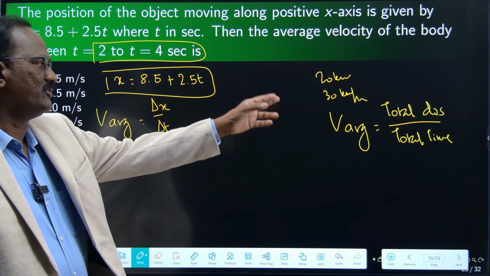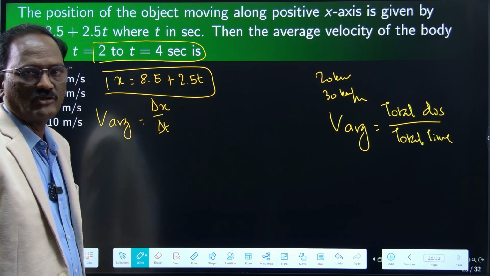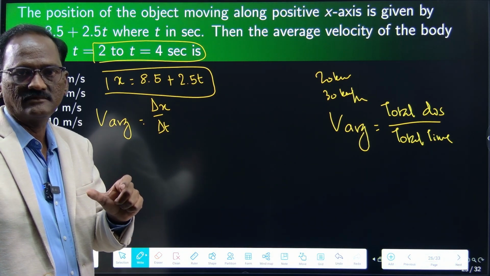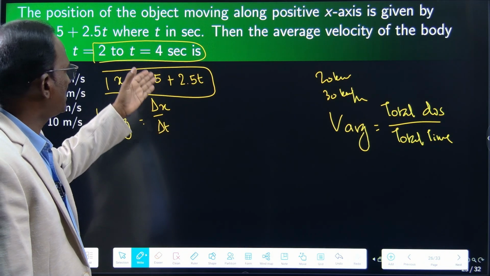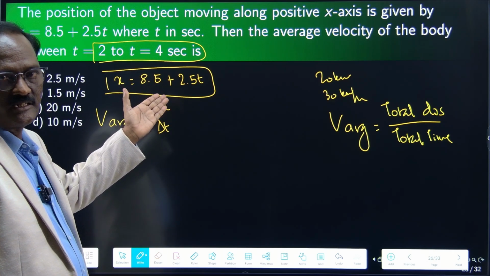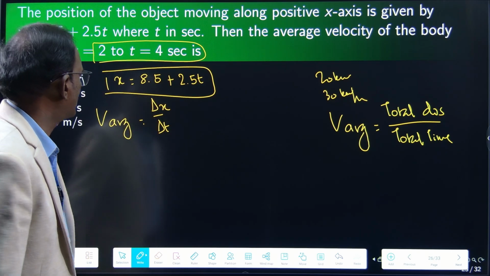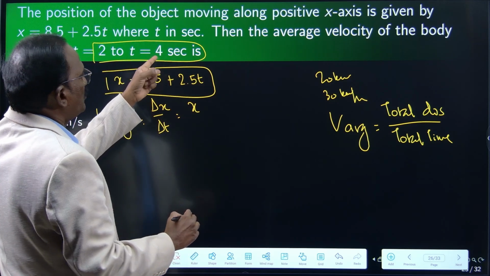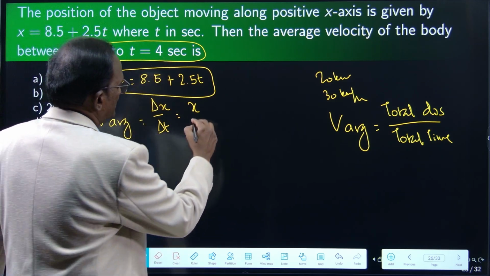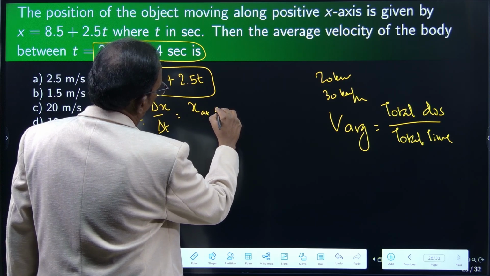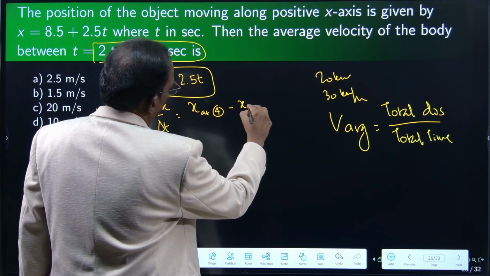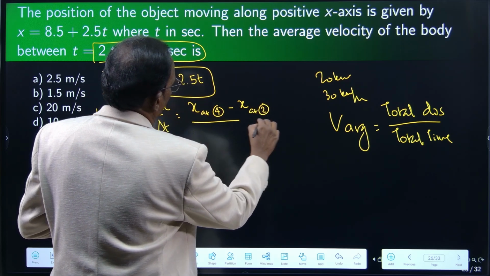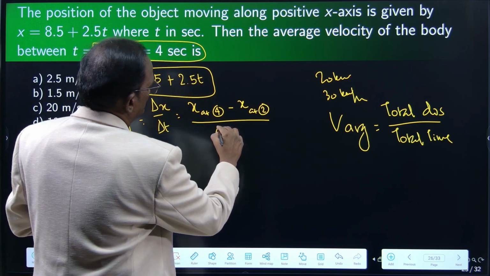In the earlier problems we used total distance by total time, because we were given the actual numerical values, but here it is given in equation format. So I am using this formula, delta x: distance at fourth second, final time, minus distance at second, divided by the time, which is 4 minus 2.